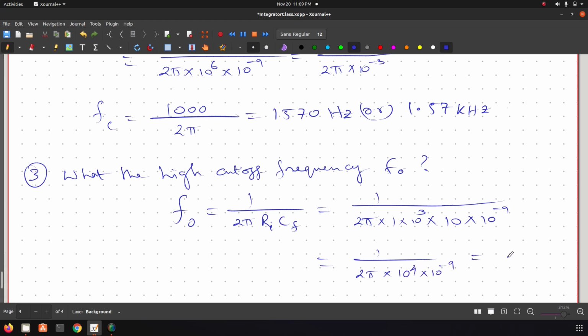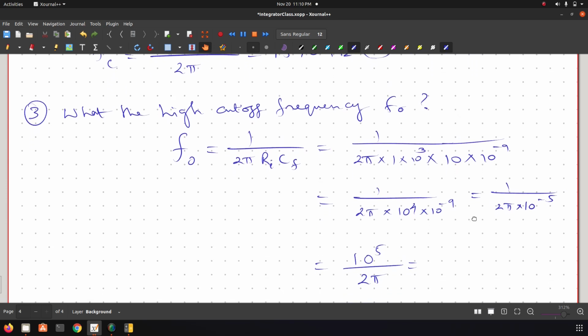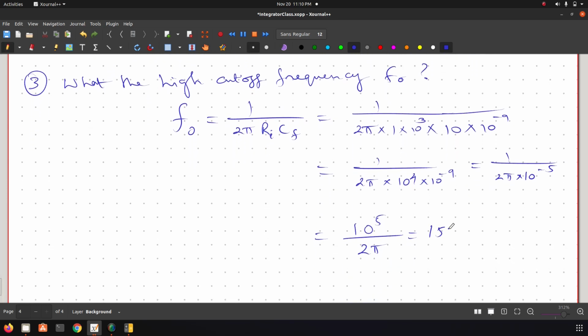So it's 1 by 2 pi times 10 power minus 5, or 10 power 5 divided by 2 pi, which is 2 orders higher than this, therefore it is 157 kilohertz. So the high cutoff frequency is 157 kilohertz.